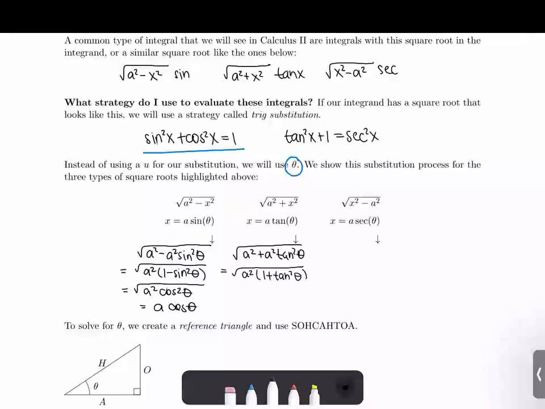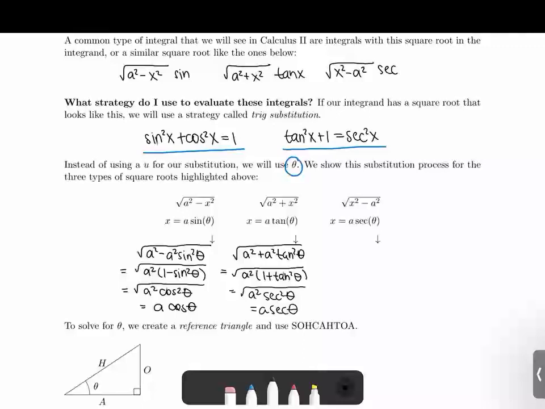So again, we just factor out that a squared. Next, we go back up and remember that 1 plus tangent squared is secant squared. So this is equal to the square root of a squared secant squared. And then because those are both squares, now we can just say that this is a secant theta.